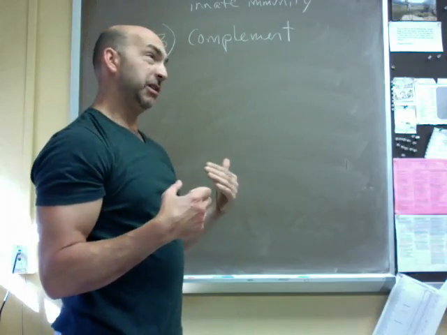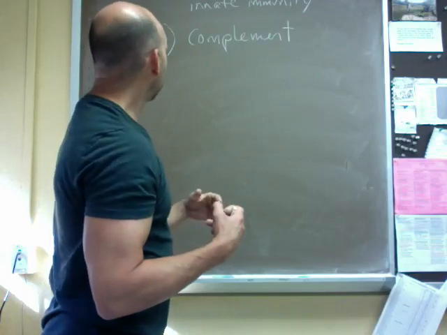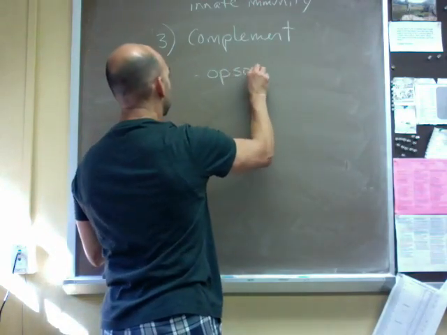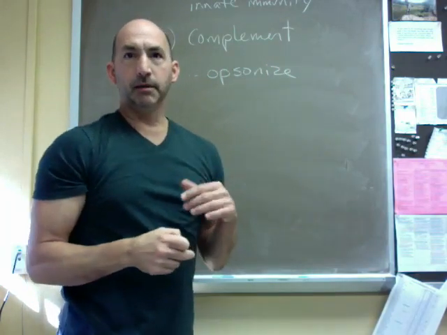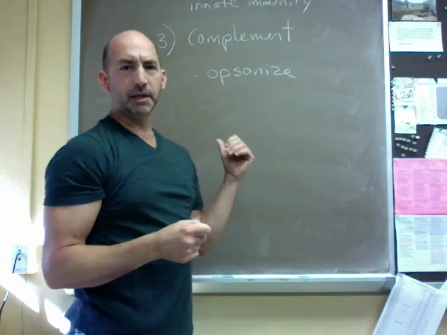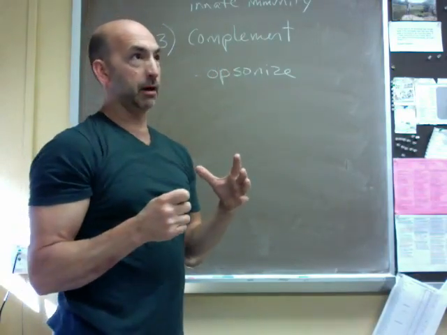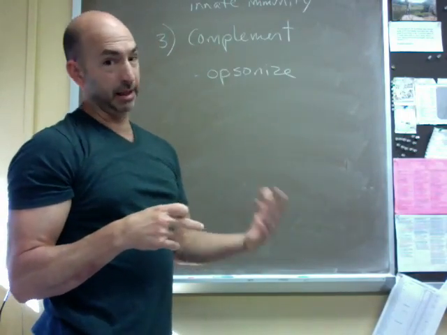And what they do essentially is two main things. They opsonize, right? And remember I used the synonym, label. So complement proteins, upon coming across something that's been identified as foreign, will bind to it and label it.